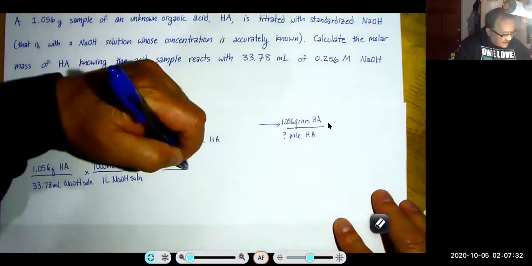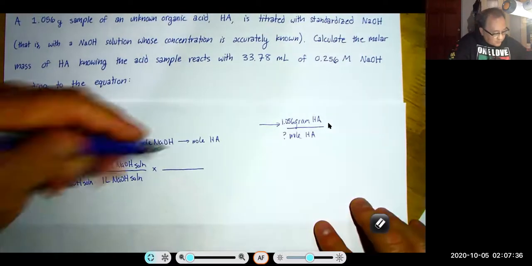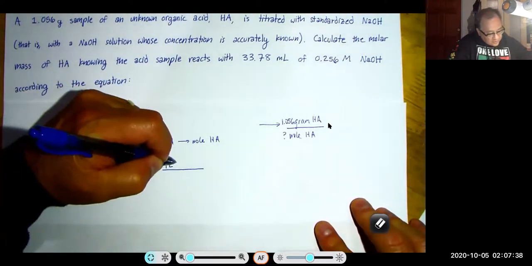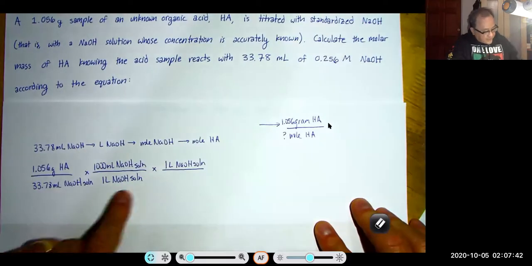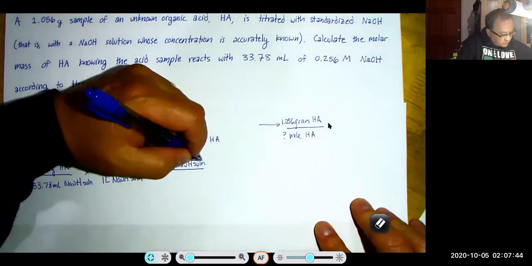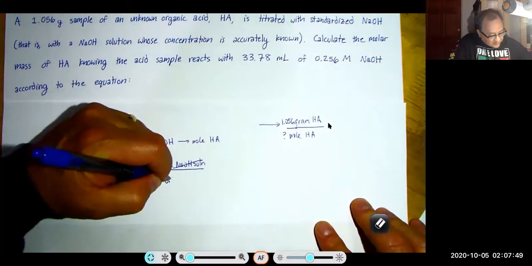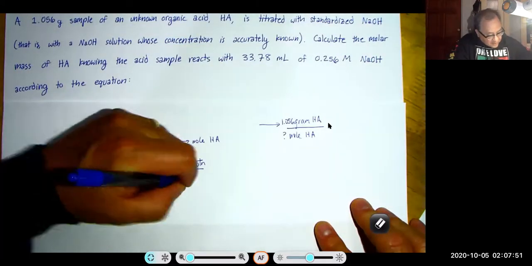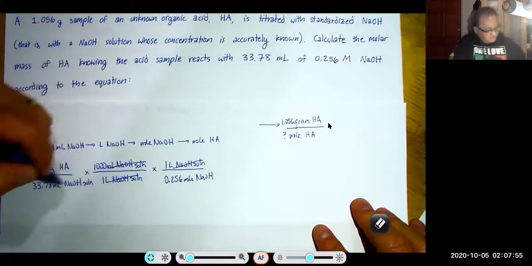Now I'm going to write down this concentration right here. And I'm going to put the 1 liter of sodium hydroxide solution on top so that these units cancel. Boom, boom. But that means I have to put the 0.256 moles of NaOH on the bottom. These also cancel.